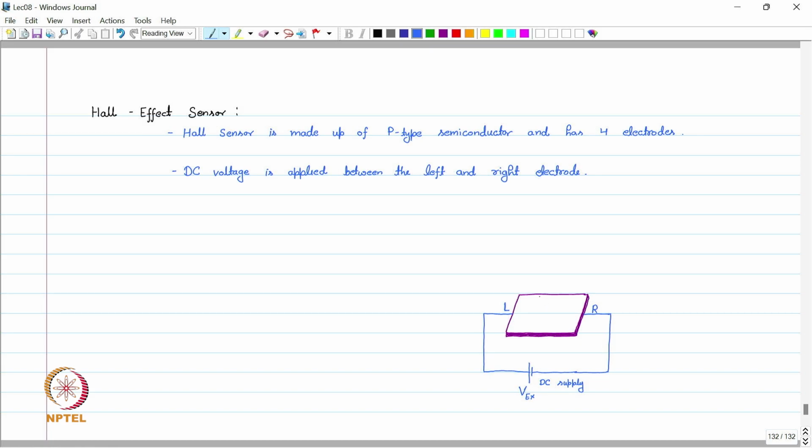And the other 2 terminals are, let's say, top and bottom. Let's say this side we call top and this side we call B or bottom.